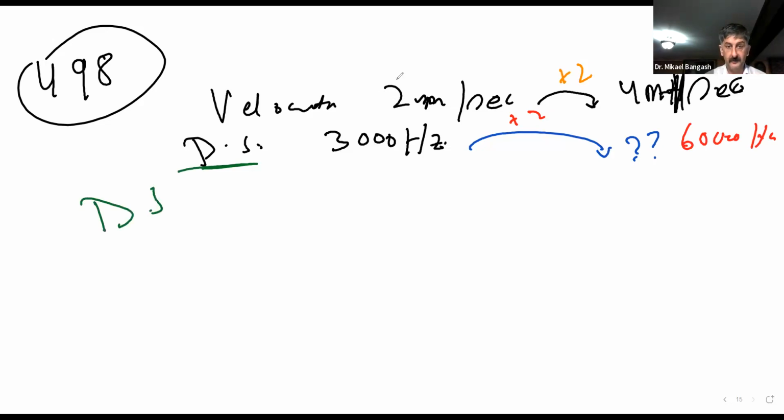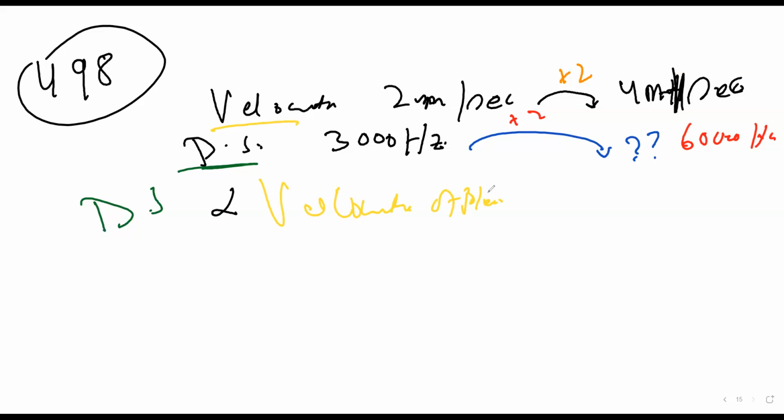That Doppler shift is directly proportional to velocity of blood. Did that make sense?